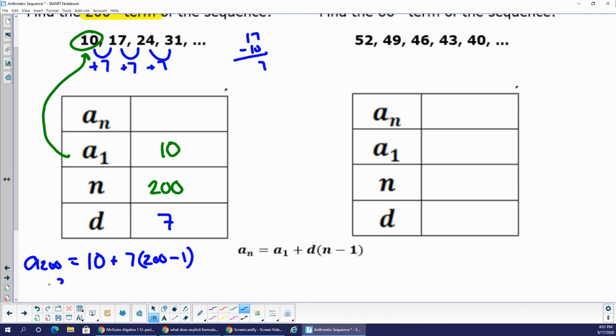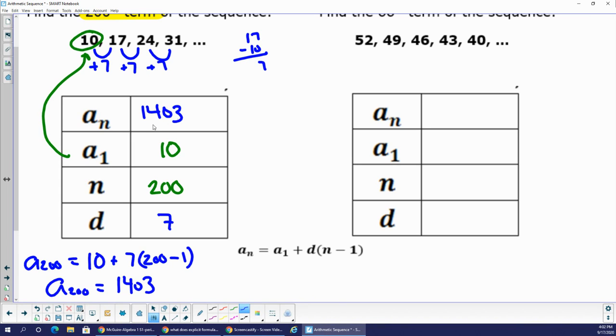Just to save a little bit of time here, guys, I'm going to type this in my calculator exactly as I have it shown right here. So in my calculator, I'm typing in 10 plus 7 parenthesis, 200 minus 1, close the parenthesis, and I get 1403. So the 200th term in this sequence is 1403.